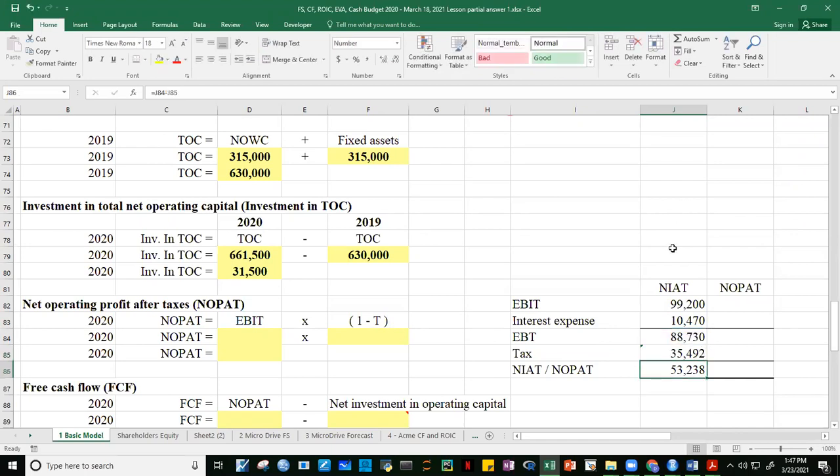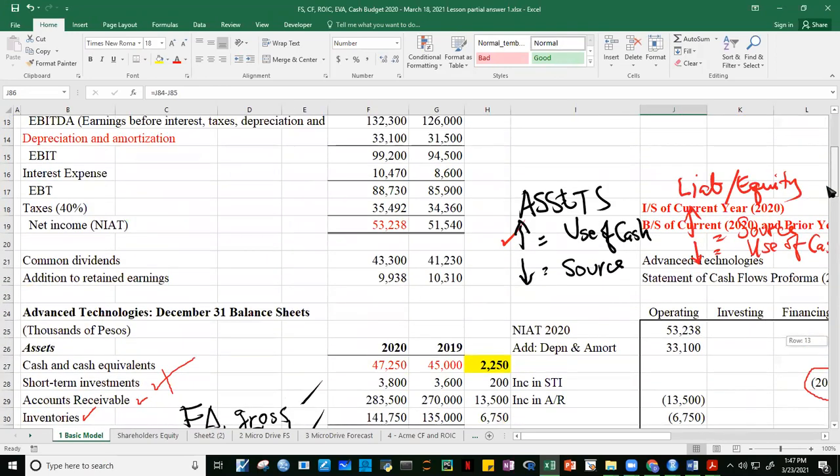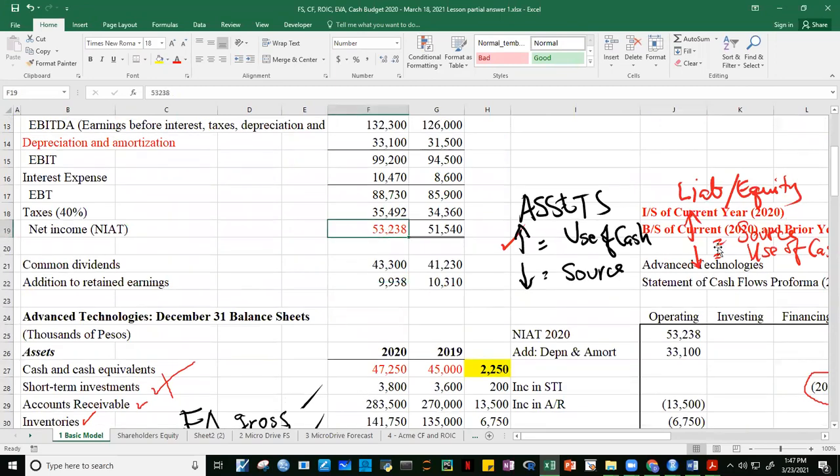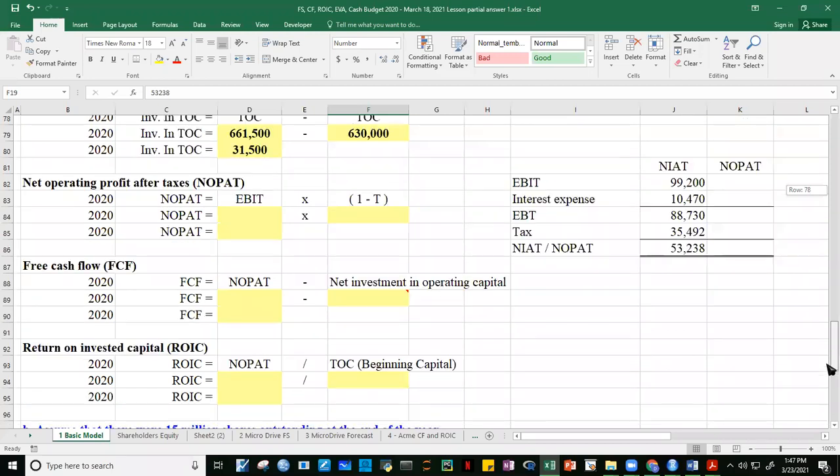Then we just subtract your EBT less your tax. That's your net income after tax. And as I said, this is the same as the one in our income statement. 53,238 net income after tax, 53,238. So the same. Okay, did that answer your question?